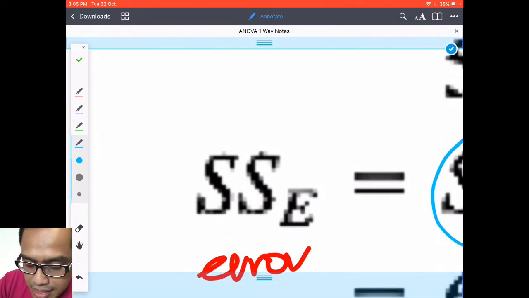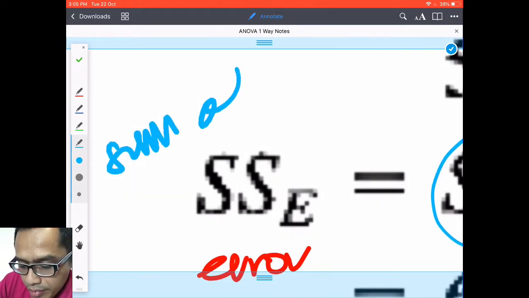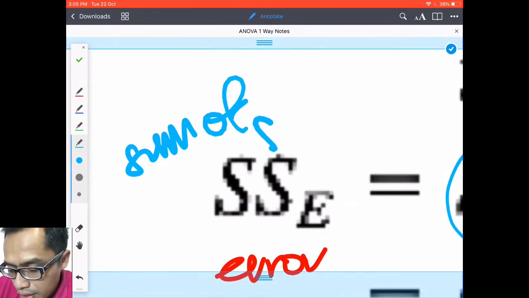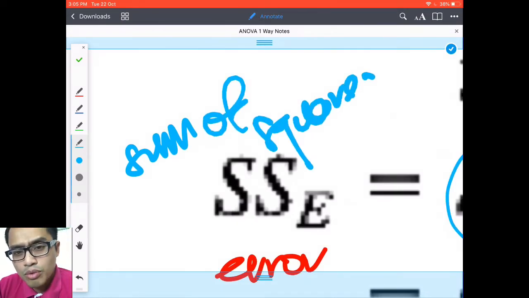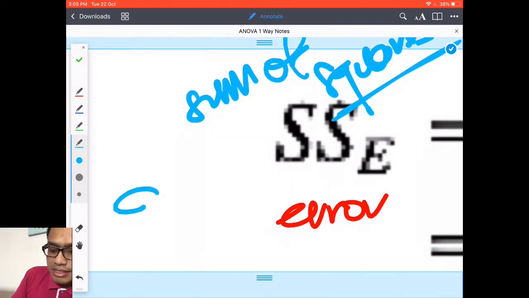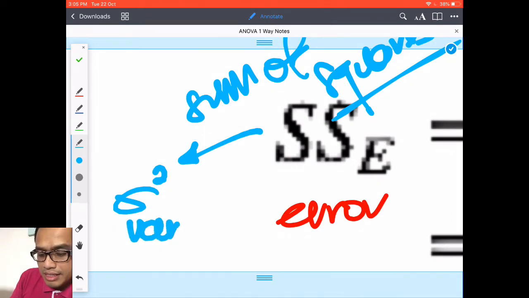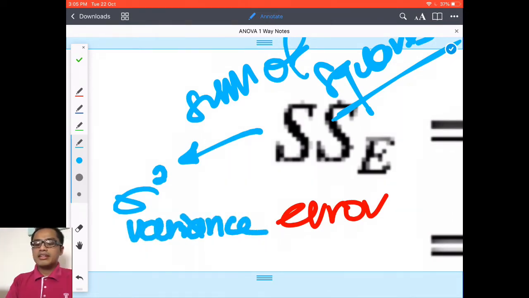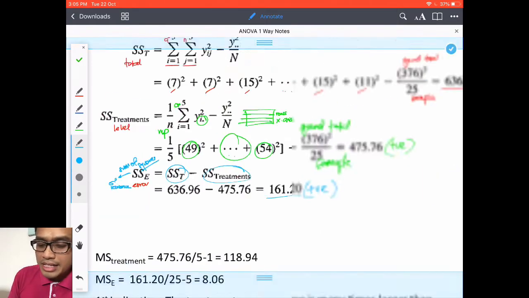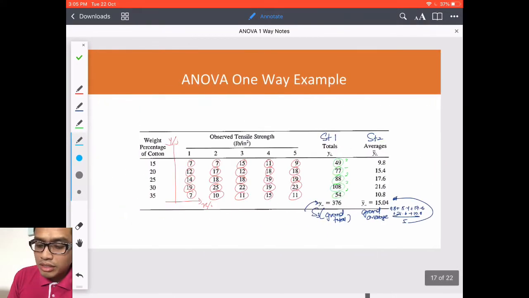SS is sum of squares. What is sum of squares? This, right? The variance. Right? Excellent segue.